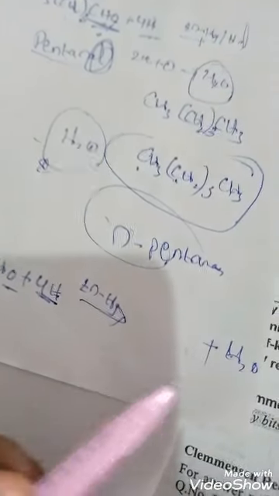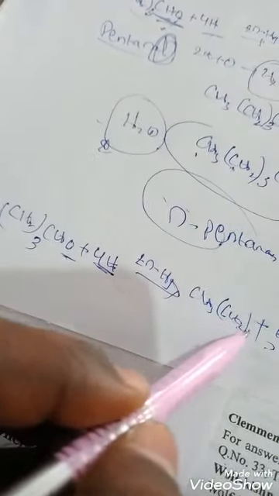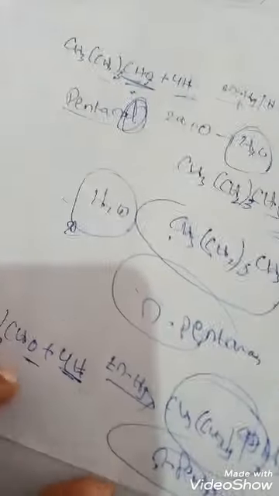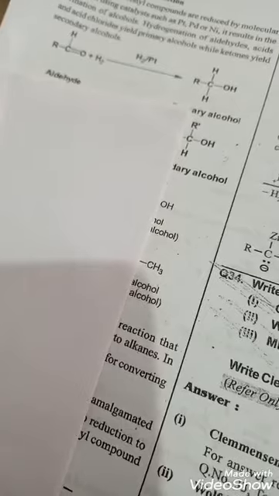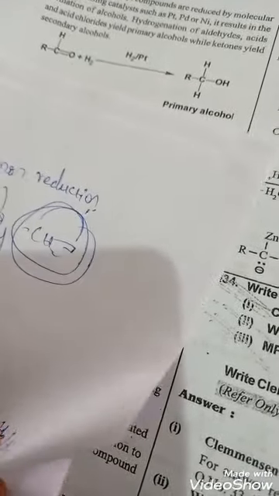Next is CH3(CH2)3CH3. So what is this? n-pentane. This is n-pentane. And next, what should we take?